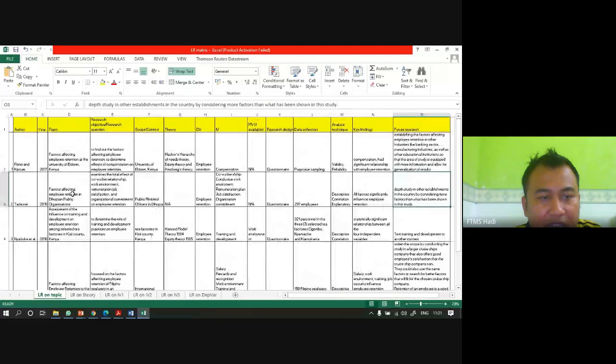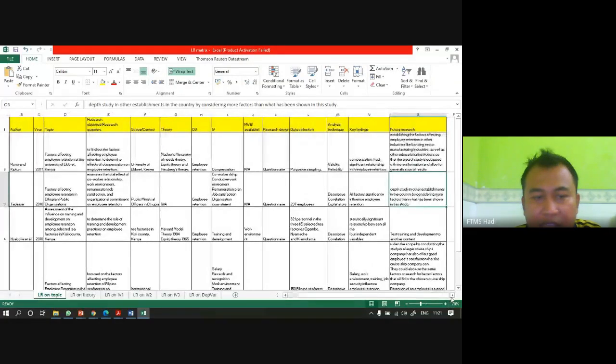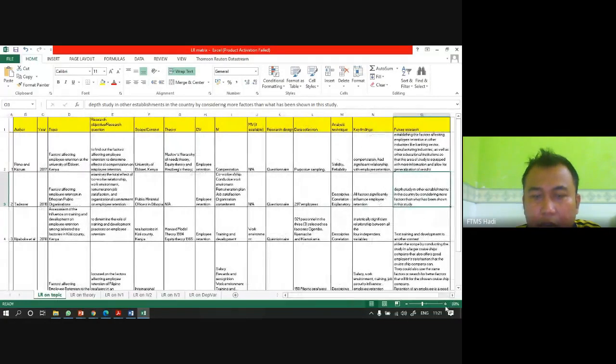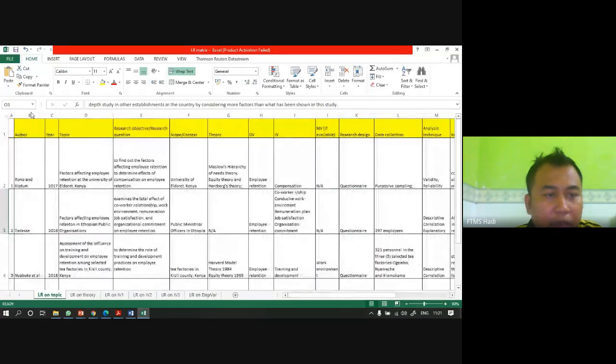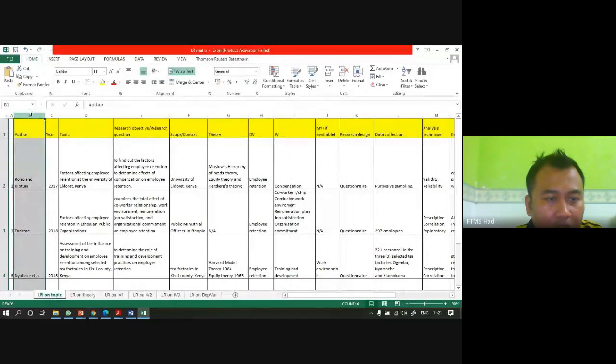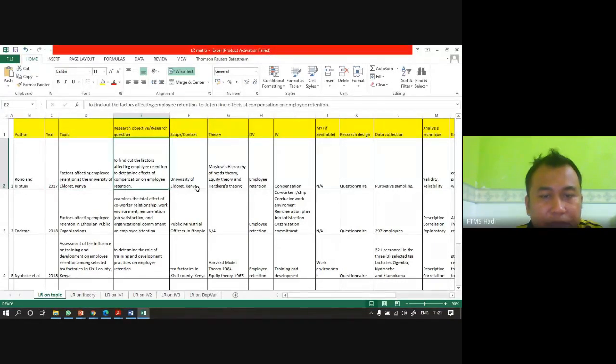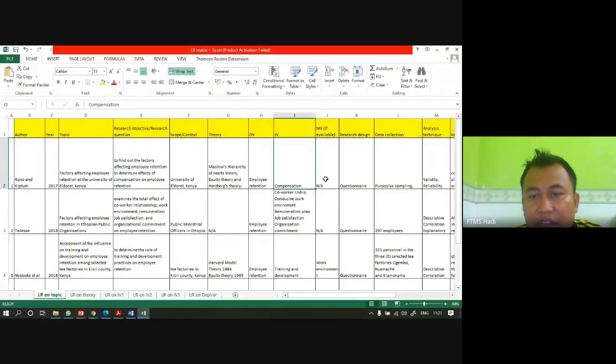I put some columns. For example, author: you don't have to put the full name, just the last name, like Rono, Kipterm, Tadese, because this is like a citation. Then year, topic, research objective, research question, and then scope, context, theory, DV, IV, and moderating if available.